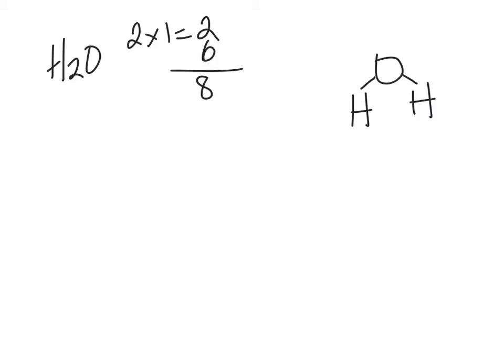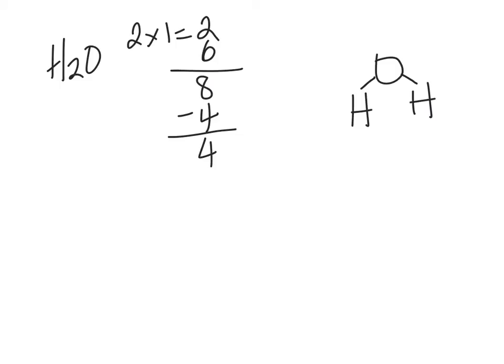Now we've got covalent bonds. How many electrons does each bond use? 2. So how many bonds have we formed? 2. So we've used up a total of 4. See, math's pretty good here. 4 electrons. That leaves 4 left to place.